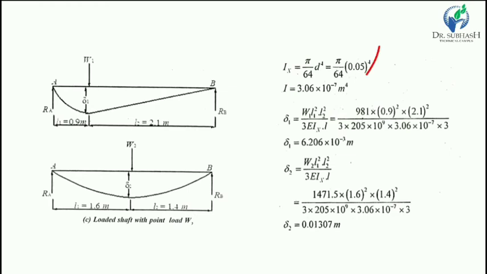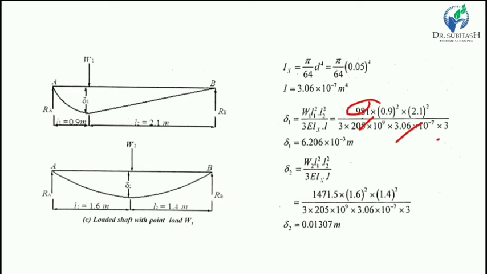The value of D is given as 0.05 meter, so we find the moment of inertia about the axis and put in all the values.